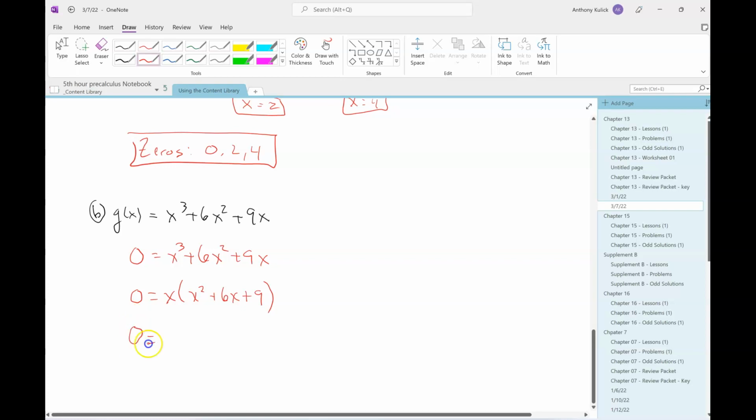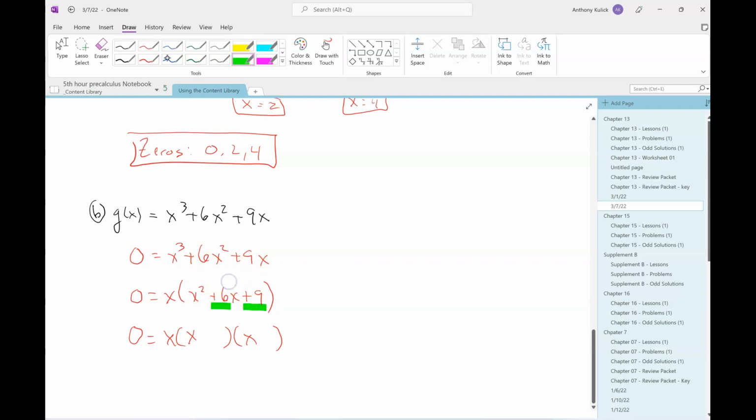So we know it's going to factor the easy way, where we can just go straight to our factored form. So to factor this, I need 2 things that multiply to give us positive 9 and add to give us positive 6. 3 and 3. So I have x plus 3 and x plus 3.